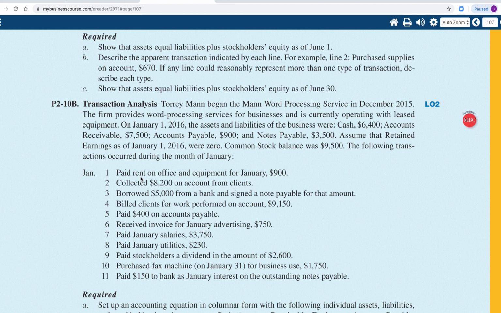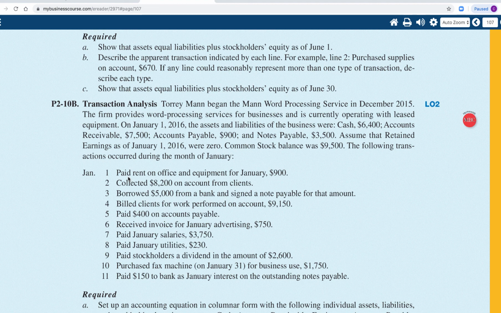So paid rent on office and equipment for January, $900. Well, it says paid. So right off the bat, that's cash. Cash has to be one of those accounts. Well, what did we pay? We paid rent. Whenever an asset gets consumed, it turns into an expense.